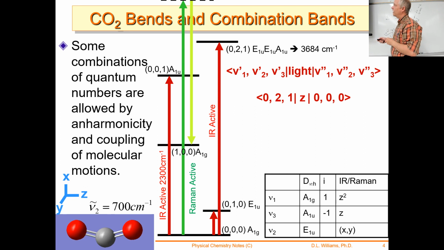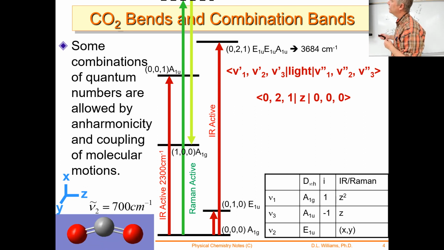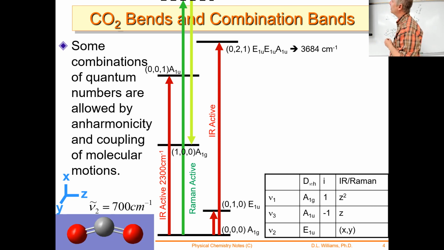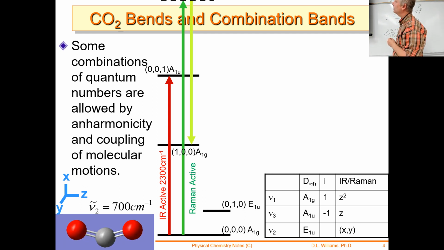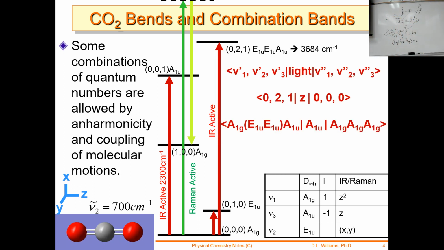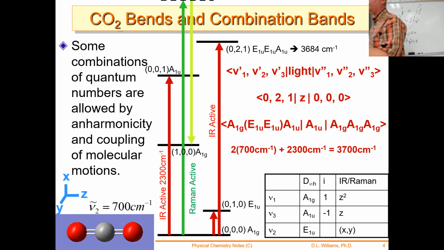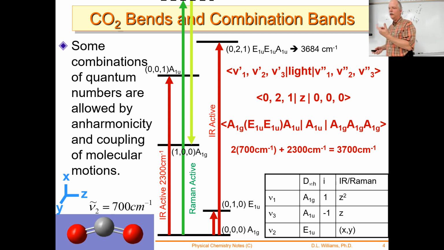Because I'm adding 700 wave numbers twice, so that's 1,400 wave numbers added to whatever the previous one. Let me go back and find it. Actually, I think I have it next. Just a second. Yeah, so I have 2 times the 700 wave number frequency plus 2,300 for nu 3 gives me 3,700. So that gets me really close to that 3,684.